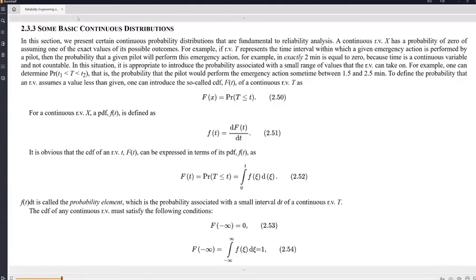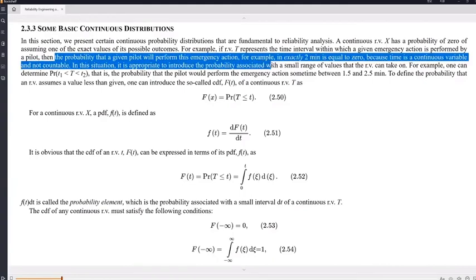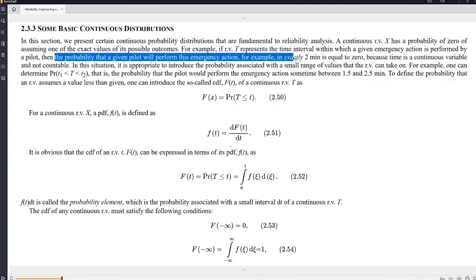The point here is that if we utilize such a continuous random variable, then the probability of exactly one point, one time period, will be 0. We cannot define probability in that sense.